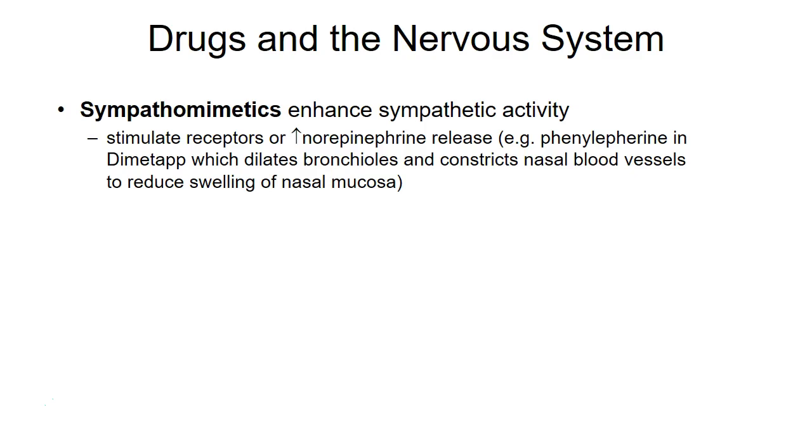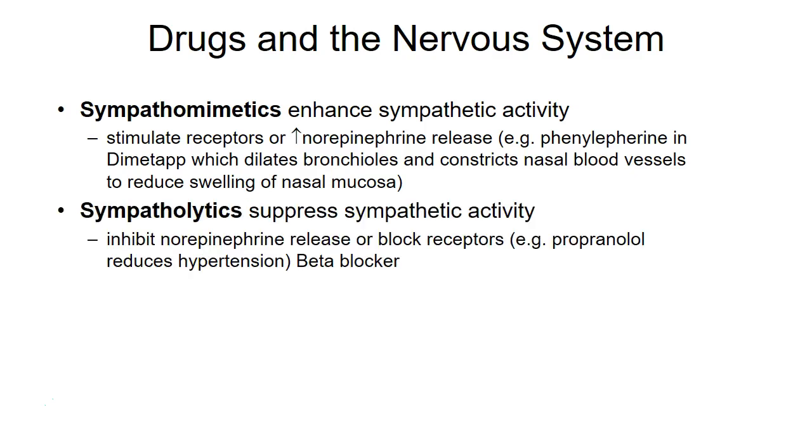If we talk about antagonizing one of these divisions, we call that a lytic. So we can talk about a sympatholytic, which suppresses sympathetic activity. This is getting to what Charles was asking about, beta blockers. They are able to block or dampen the sympathetic nervous response.